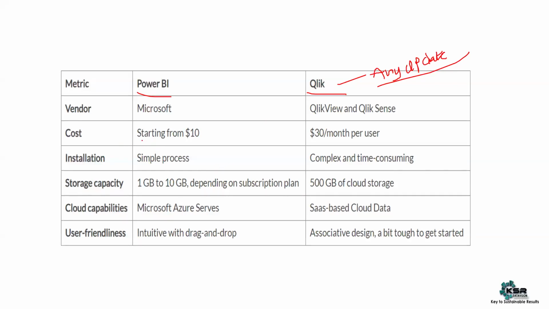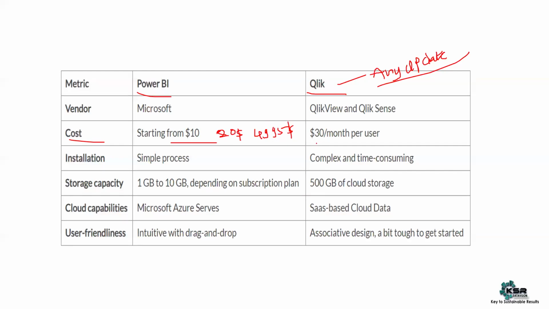Now, let's come to the costing first. Starting from $10, we have an option of $20 as well. And premium per capacity is different. It is $4,995. Where this premium per capacity is used is totally different, and I'll give you an idea of that, but $10 and $20 is not much costing.